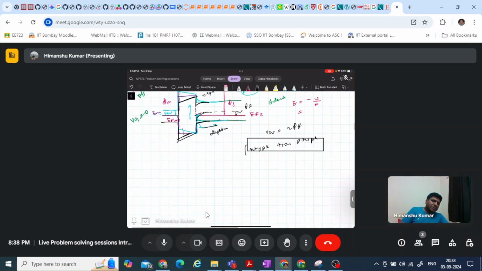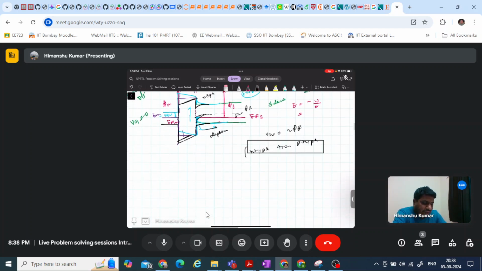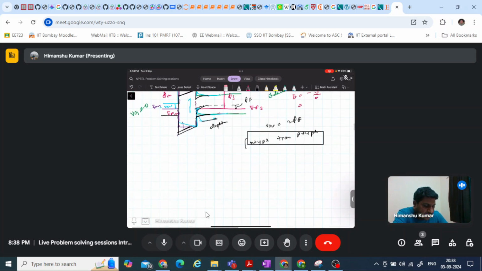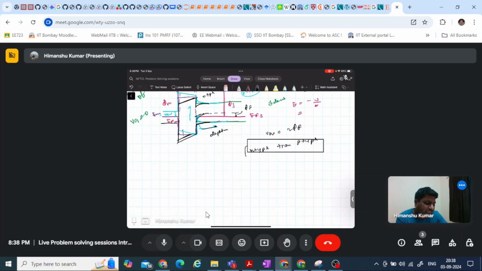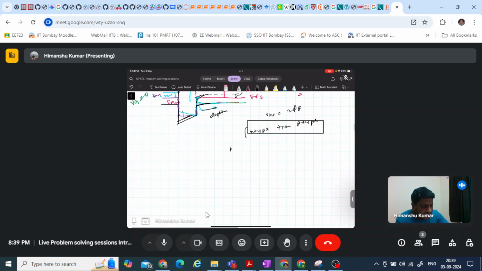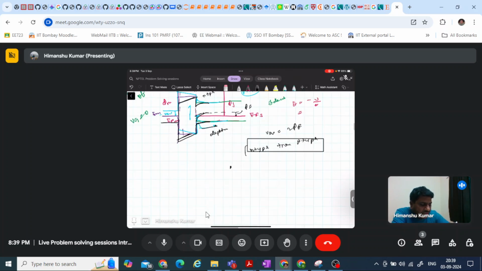So what happens is, see, even in the equilibrium case, suppose a p-type substrate is given. To invert the channel you need electrons.